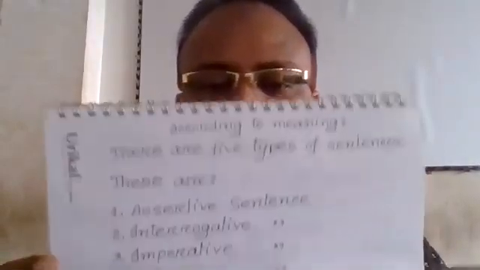Actually, there are 5 types of sentence according to its structure. These are assertive sentence, interrogative sentence, imperative sentence, optative sentence, and exclamatory sentence. You can write it.